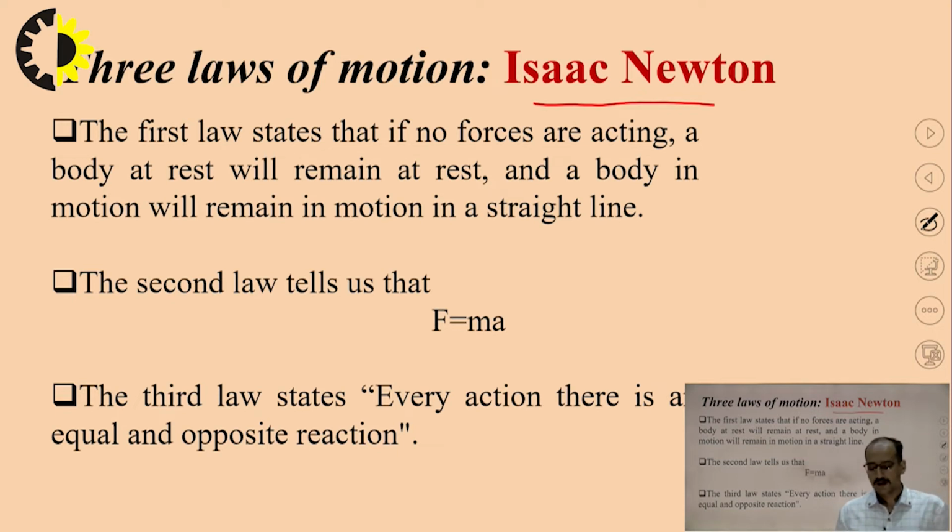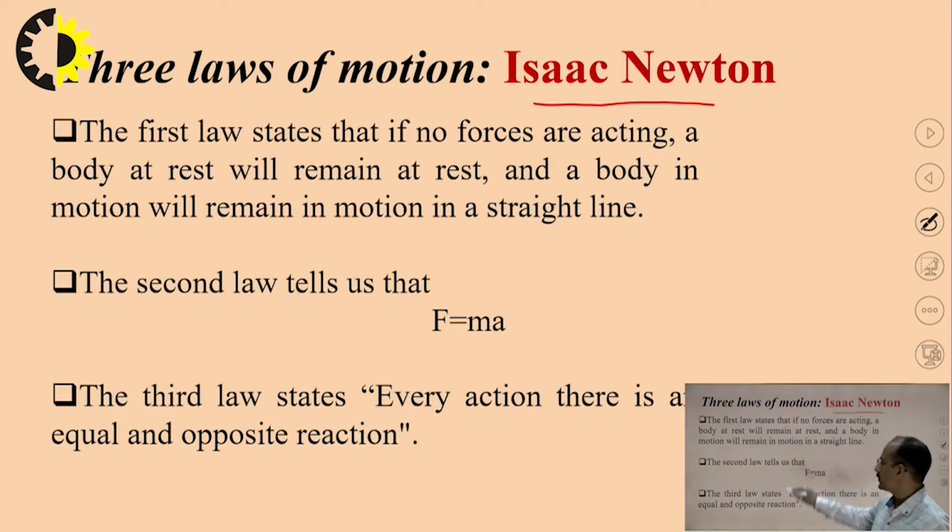It means if a body is in motion, it will continuously remain in motion until any external force is applied on that body, and if there is no force acting on a stationary body, there will be no movement in that body, it will remain at rest.